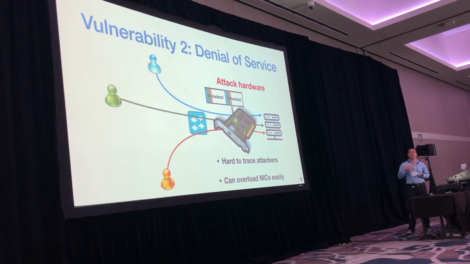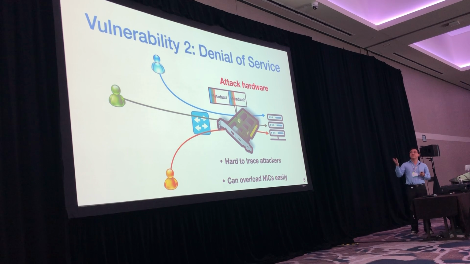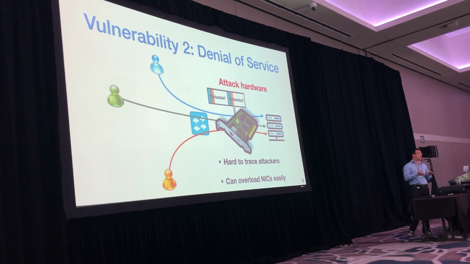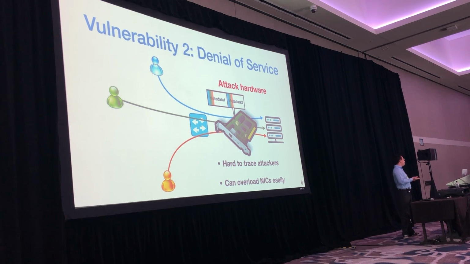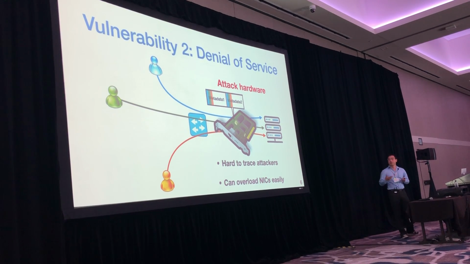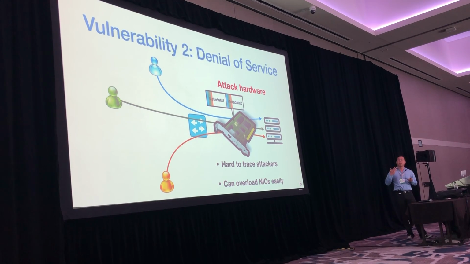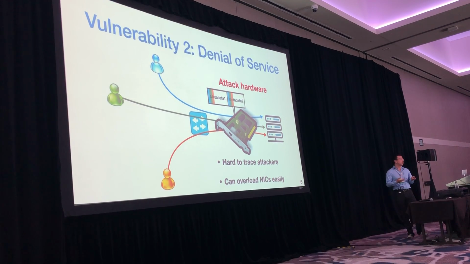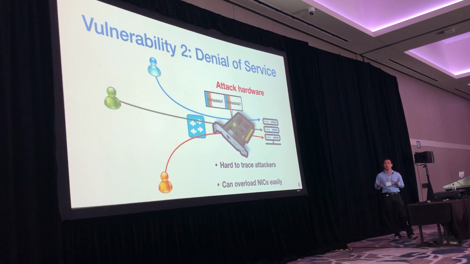After discussing accountability, I will introduce denial of service. We know that denial of service also exists in the two-sided communication model. However, it's worse in one-sided communication because it's really hard to trace the attackers now. In order to complete a one-sided communication request, the network equipment and network devices need to cache a lot of metadata.